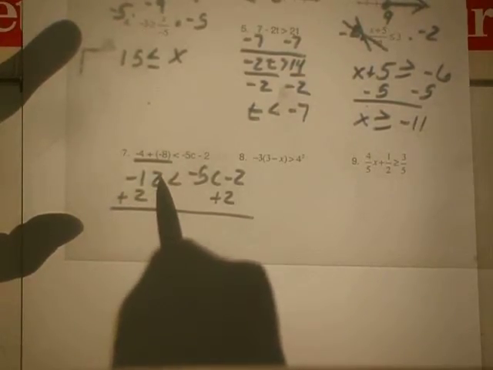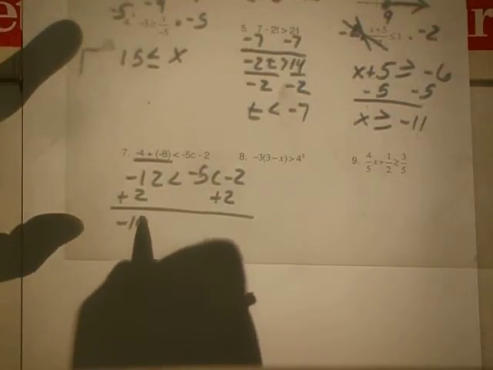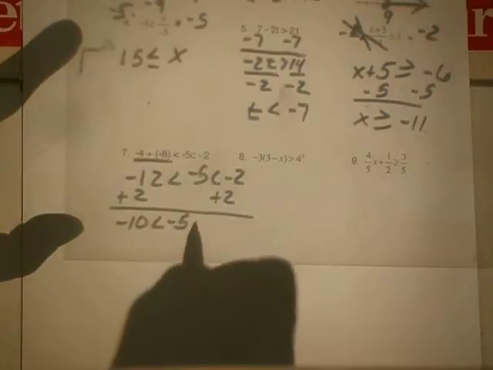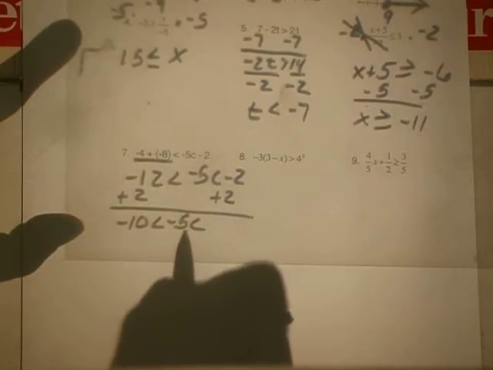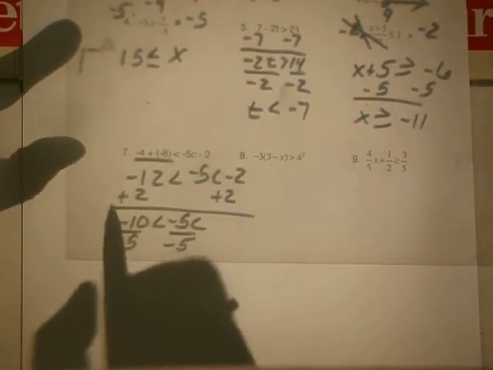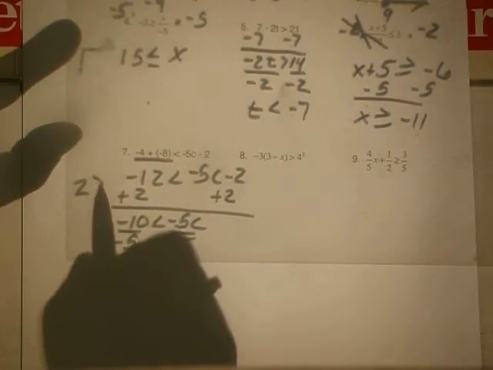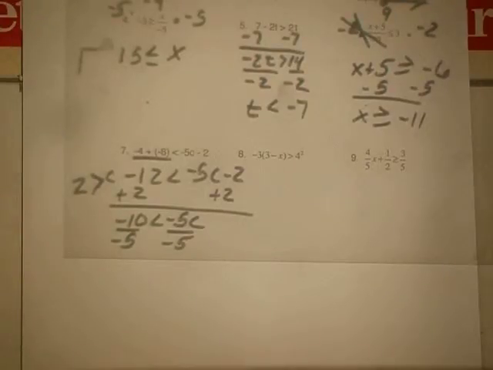If you are $12 in the hole and you add $2, you are at a negative 10. And now we want to get rid of this negative 5. So we would divide both sides by negative 5 and you are left with 2. You have to switch the sign and C. So 2 is greater than C.